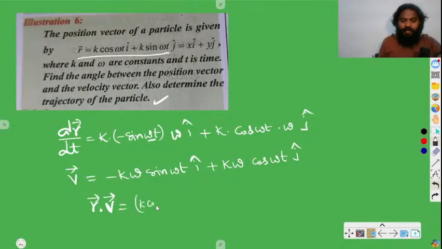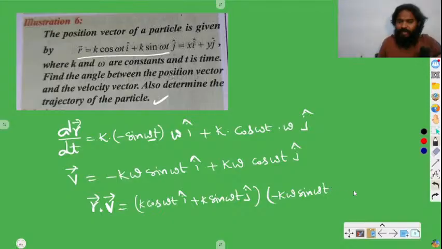K cos omega t i cap plus k sin omega t j cap, dot minus k omega sin omega t i cap plus k omega cos omega t j cap.